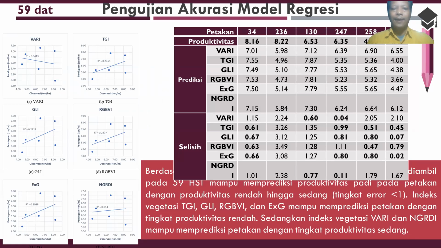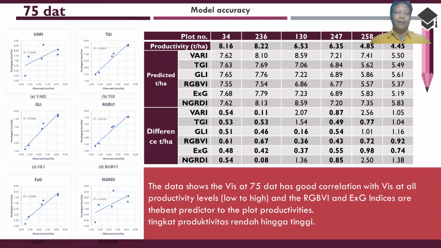And then when we try to show the accuracy of the crop prediction, it seems that after 59 days, the correlation is quite good, but there are still high differences between the measured yield and the predicted yield.